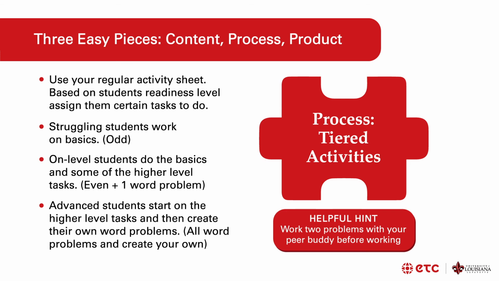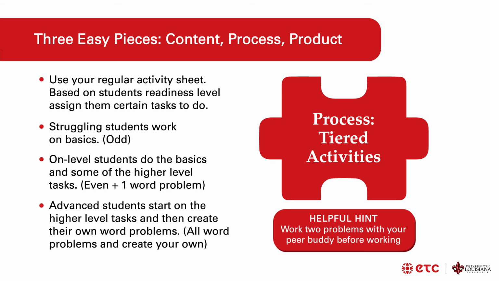So this will help your struggling students in a number of ways, because you'll be reducing the load, you'll be giving them a peer buddy so they can communicate their understanding, and you'll be giving them small group work, because once you see that they're all having problems, you can pull them in a small group and work with them while the other students are continuing to do the work individually.